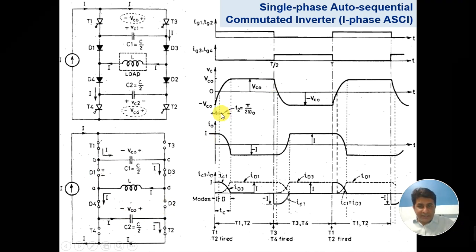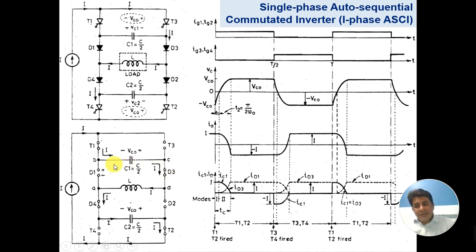So this is a small time T2 during which diode D1 is conducting, and diode D3 is also conducting. Soon the current which was earlier flowing through D3 slowly and gradually shifts to D1.